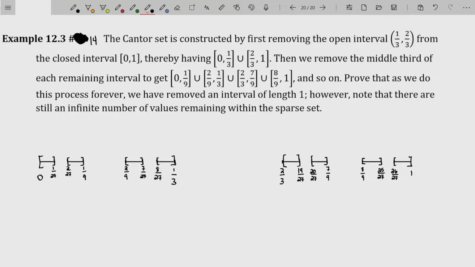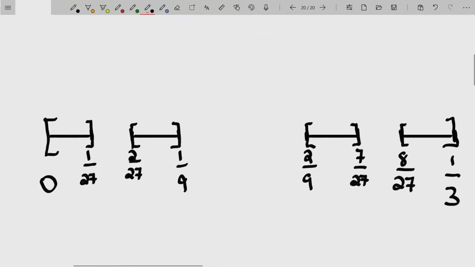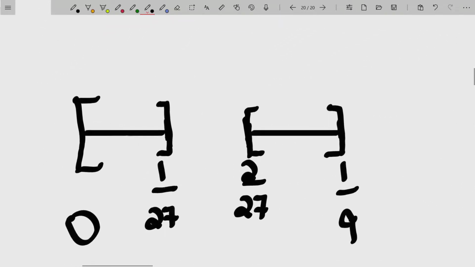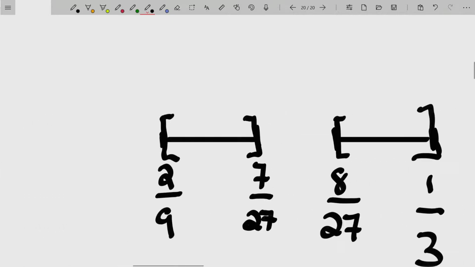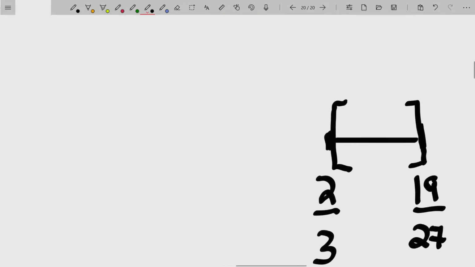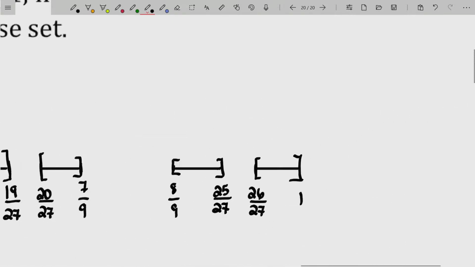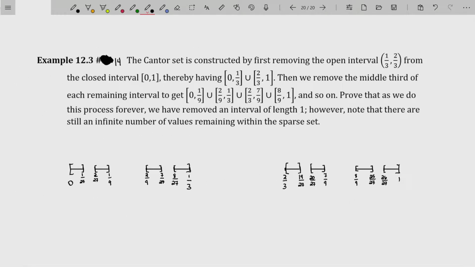If we continue this on, and I'm not going to do that because it really does get very long-winded, but if we continue removing these middle thirds forever and ever, I cut out a middle third of this, a middle third of that, and then whatever I have left, I do the same thing over and over again.